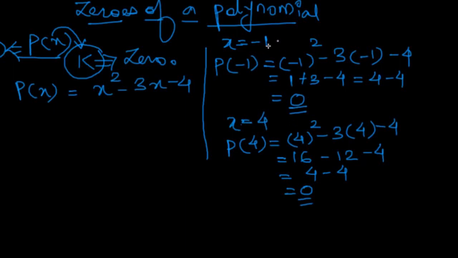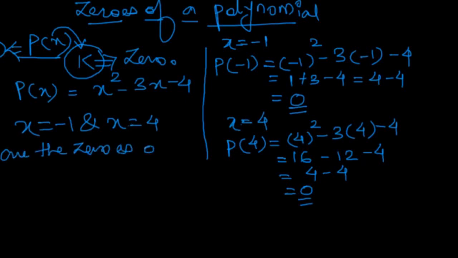So by definition, x equals -1 and x equals 4 are the zeros of the given polynomial.